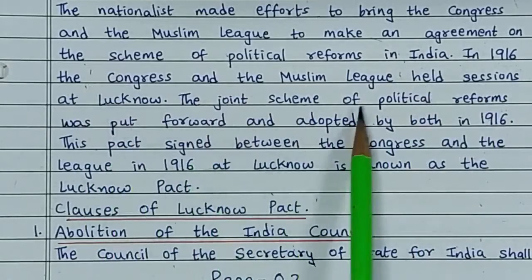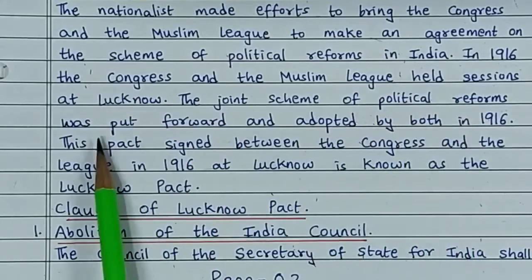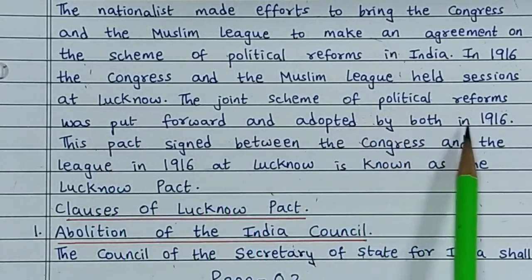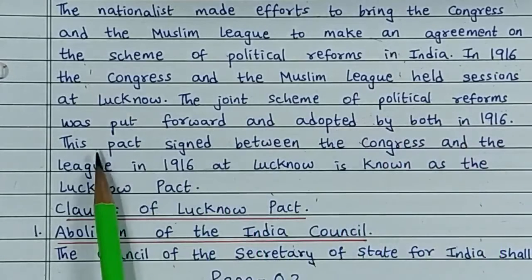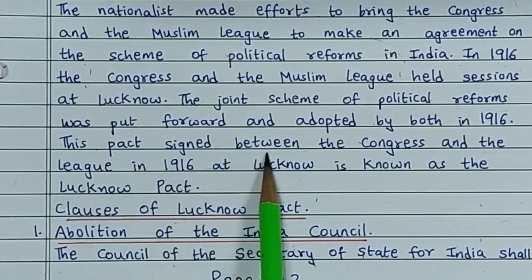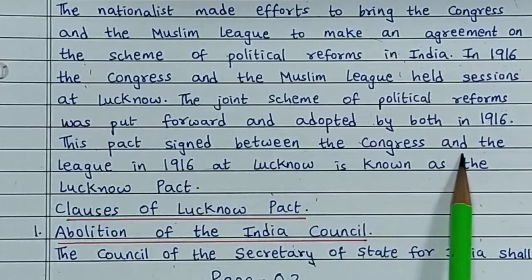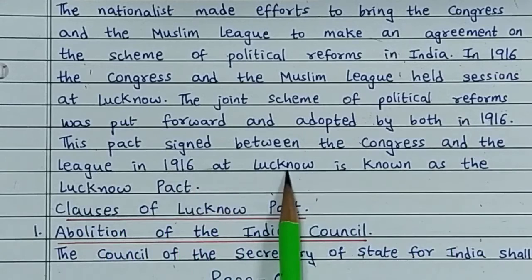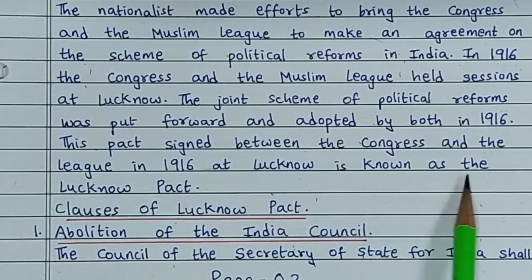The joint scheme of political reforms was put forward and adopted by both in 1916. This pact signed between the Congress and the Muslim League in 1916 at Lucknow is known as the Lucknow Pact.